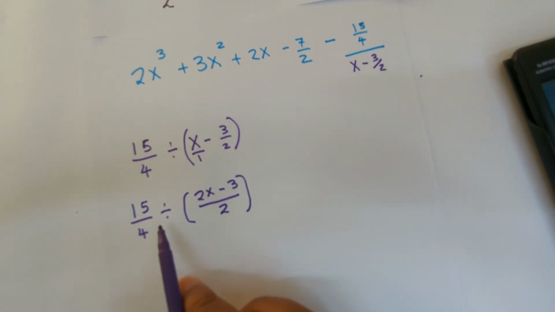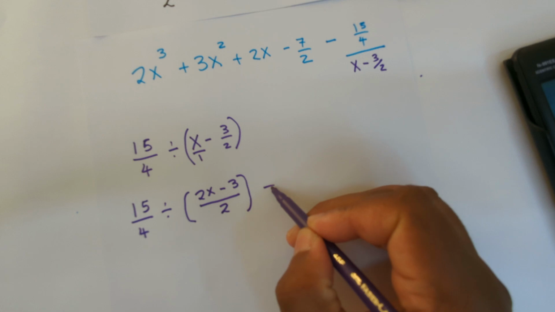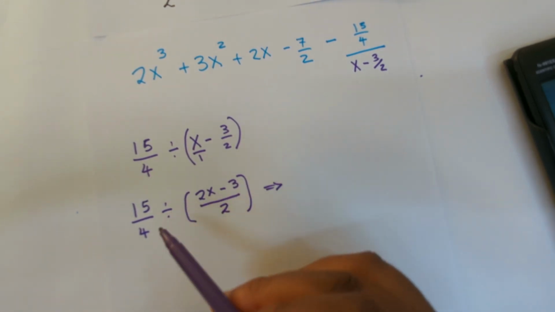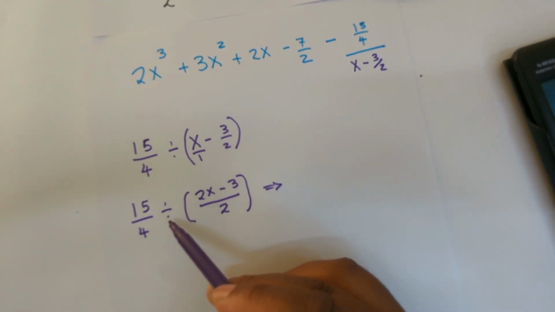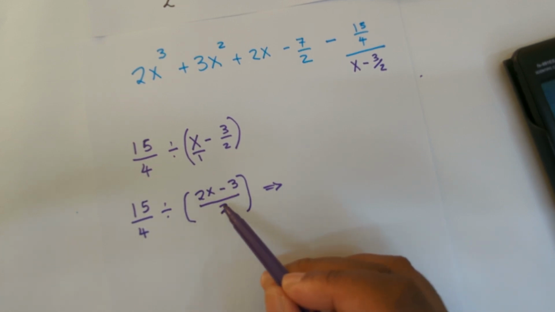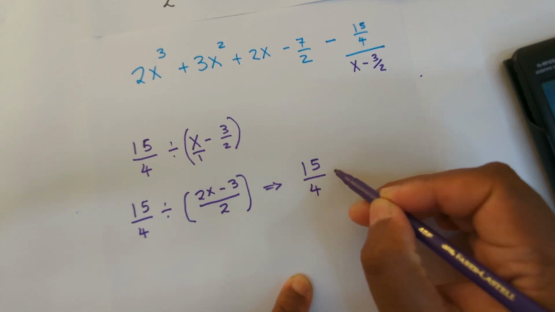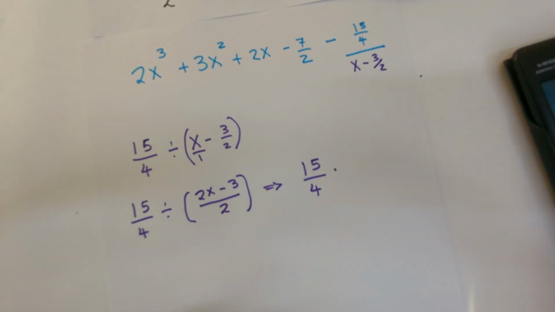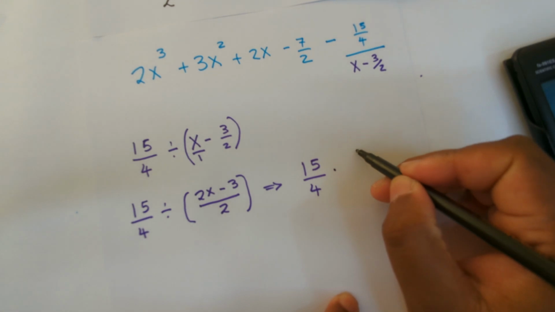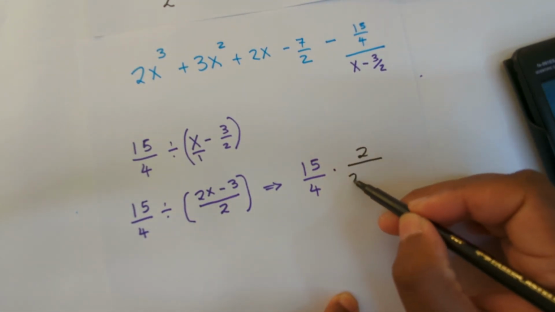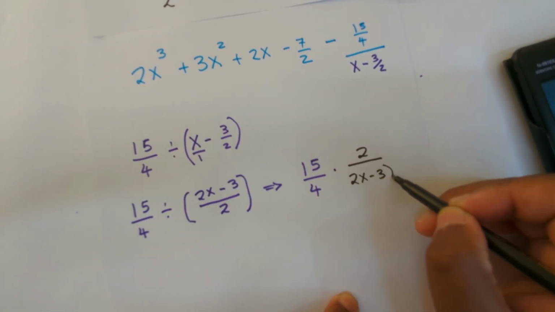Now since we are dividing fractions, we have to change the division sign into a multiplication sign and flip the second fraction. So this is the same as saying 15 over 4 multiplied by 2 over 2x minus 3.